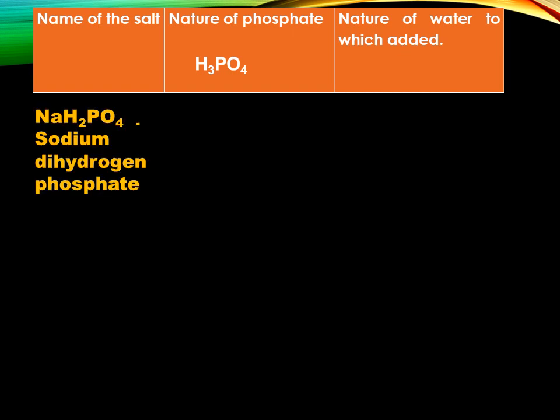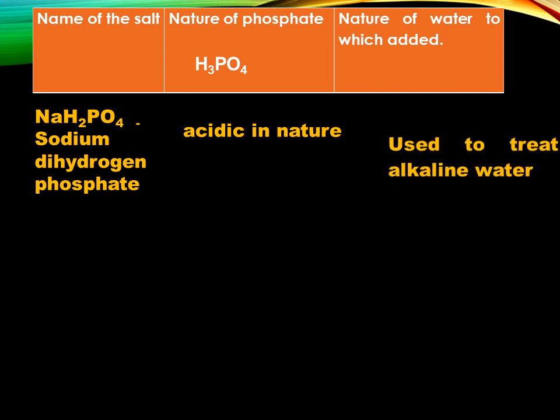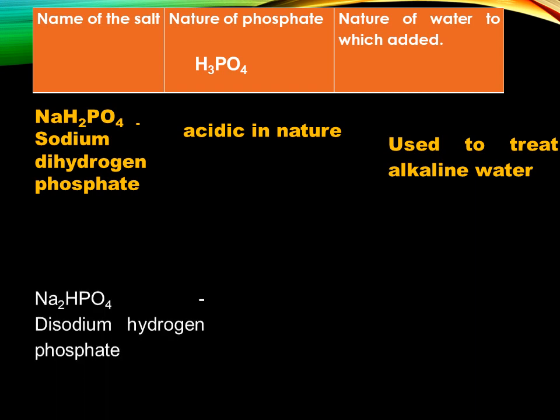The choice depends on the nature of the phosphate and the nature of the water to be treated. See, sodium dihydrogen phosphate we choose. This phosphate is acidic in nature because there are 2 hydrogens, so it is used to treat alkaline water.